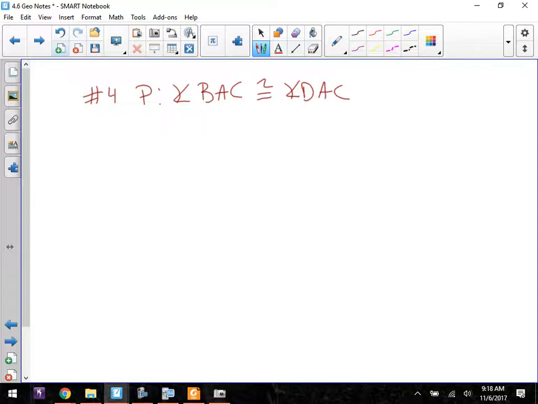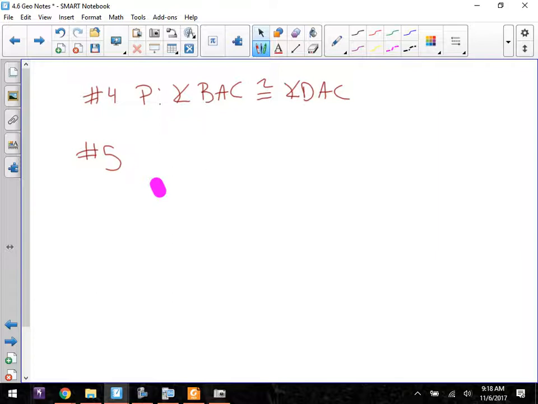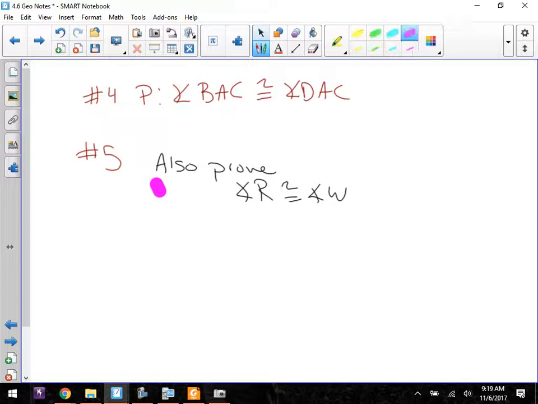And then on number 5, also do that angle R is congruent to angle W. That way you're just getting that extra bit of that CPCTC thing.